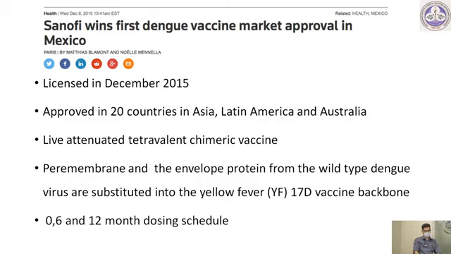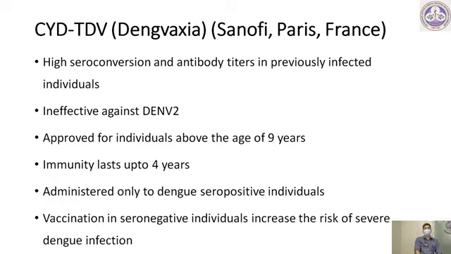It is a live attenuated tetravalent chimeric vaccine in which the premembrane and the envelope protein from the wild type dengue virus are substituted into the yellow fever 17D vaccine backbone. It is a 3-dose schedule, 6 months apart, which is 0, 6, and 12 months. So Dengvaxia has high seroconversion and high antibody titers in previously infected individuals.